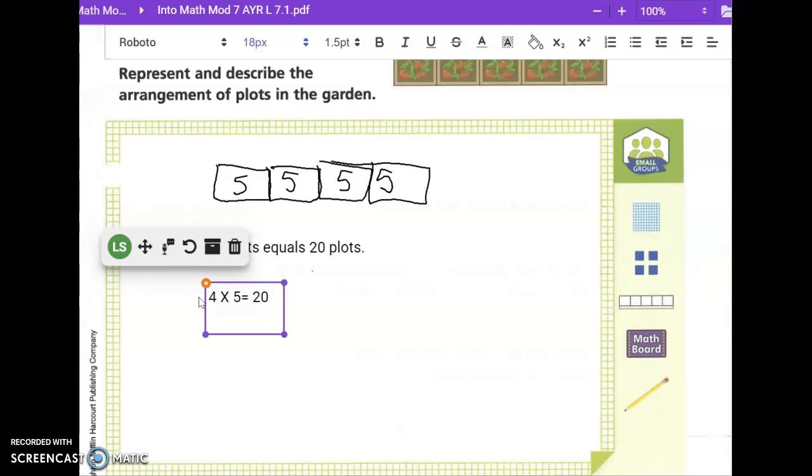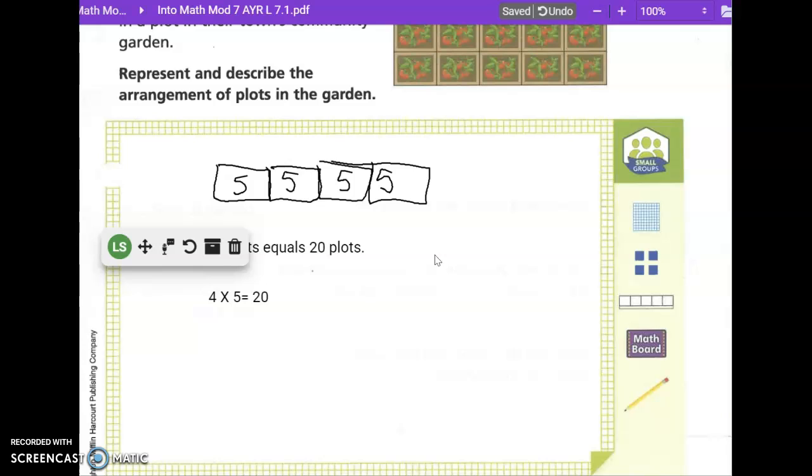If we wanted to write a division equation, what would that look like? Okay, can you tell me? 20 divided by 5? Let's divide it by our rows. 20 divided by 4 equals 5. Okay?